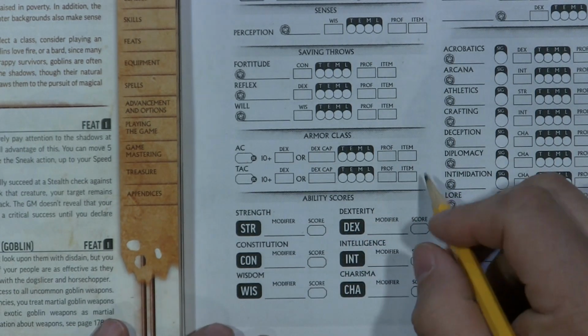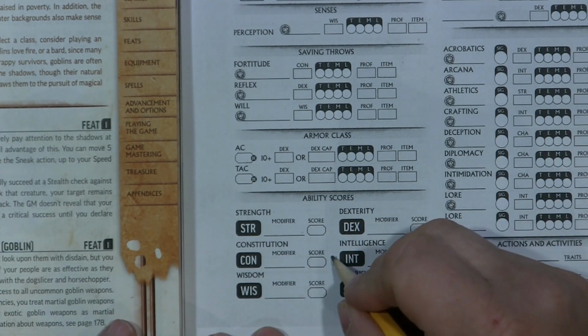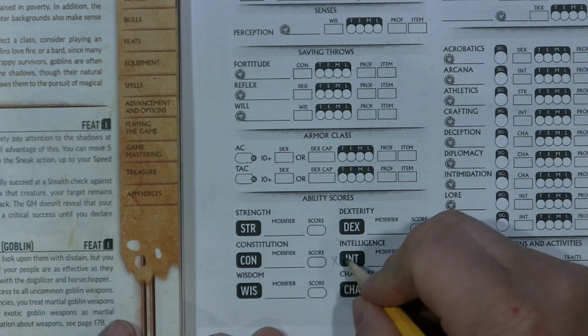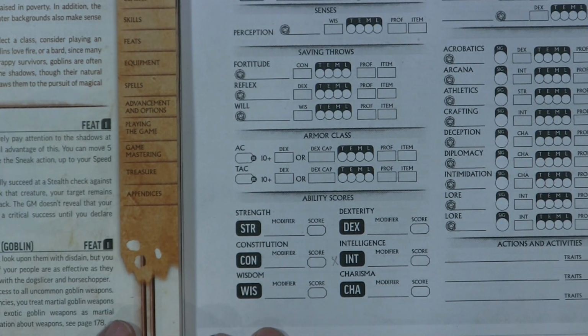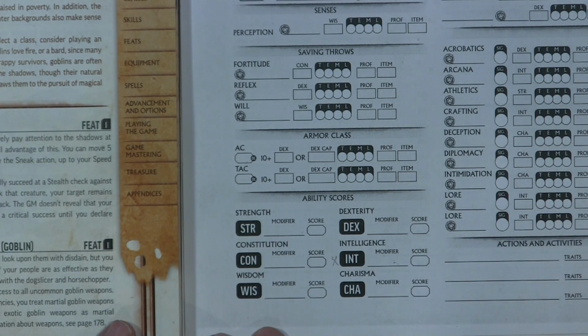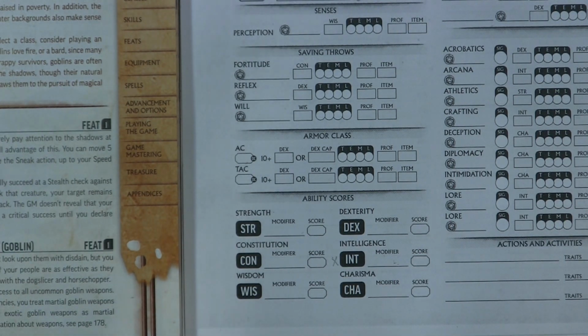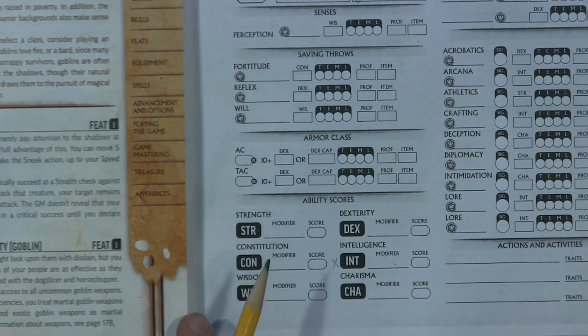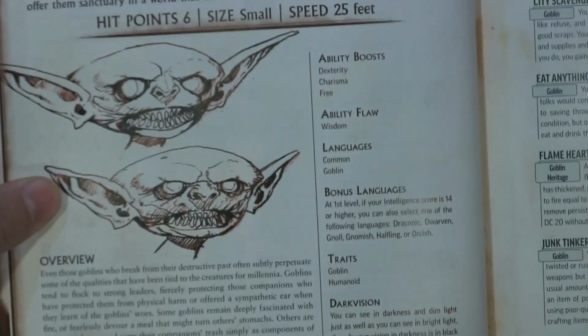My class is going to be an alchemist, so I'm going to put a little X next to this to let me know, and you guys remember throughout the video, that that is my primary ability score for the alchemist.